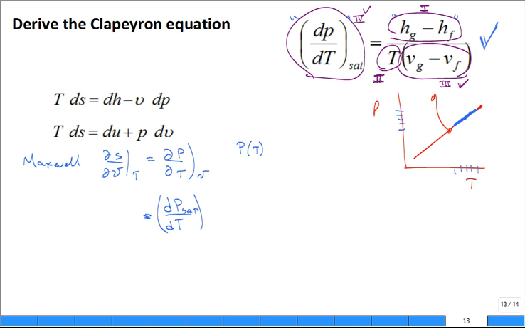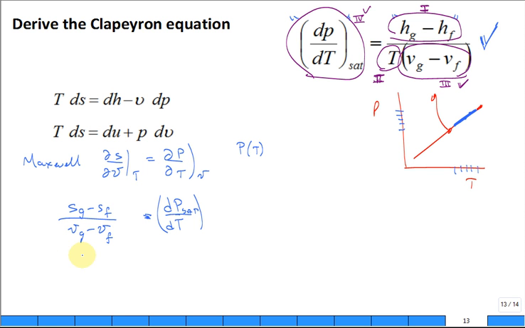It's not a partial derivative where you have a function of two independent variables. It's a single function. So then for the change of phase, you have (s_g minus s_f) divided by (v_g minus v_f).